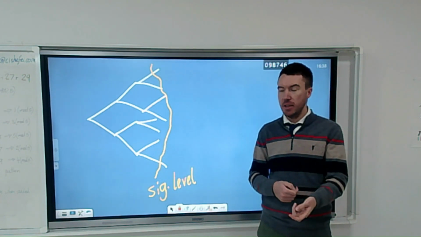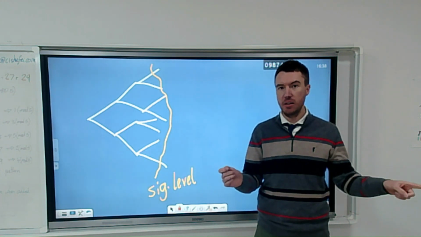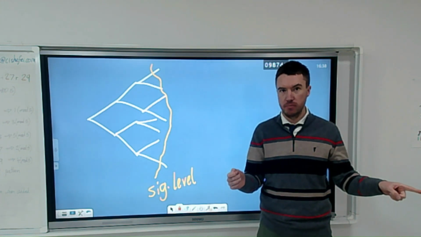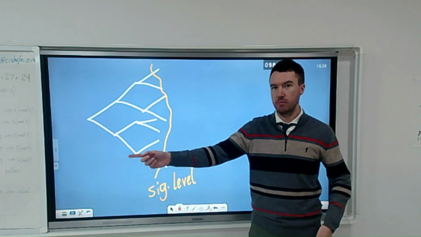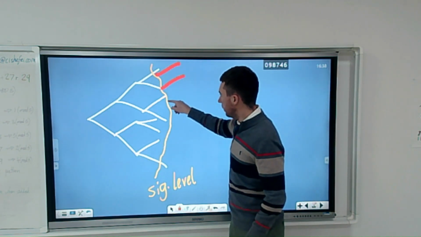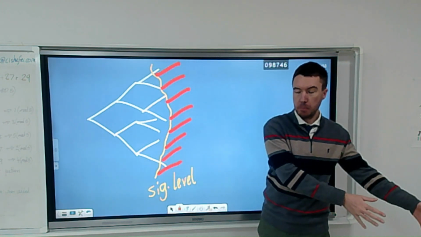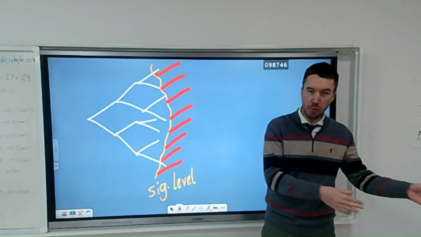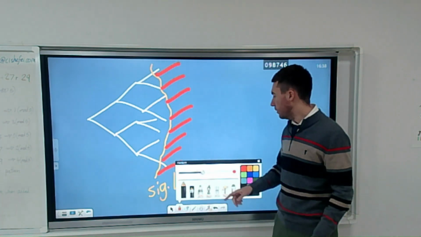If we do a test that would have a 1% chance of happening, assuming the null hypothesis is true, that's in the critical region, so we reject our null hypothesis. Everything lower than the significance level is in the critical region.